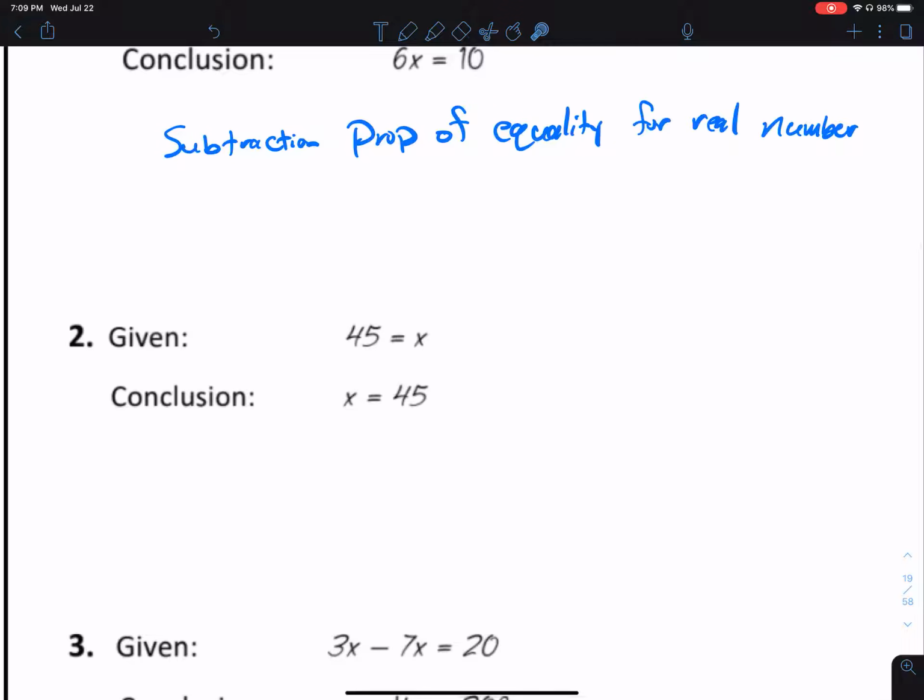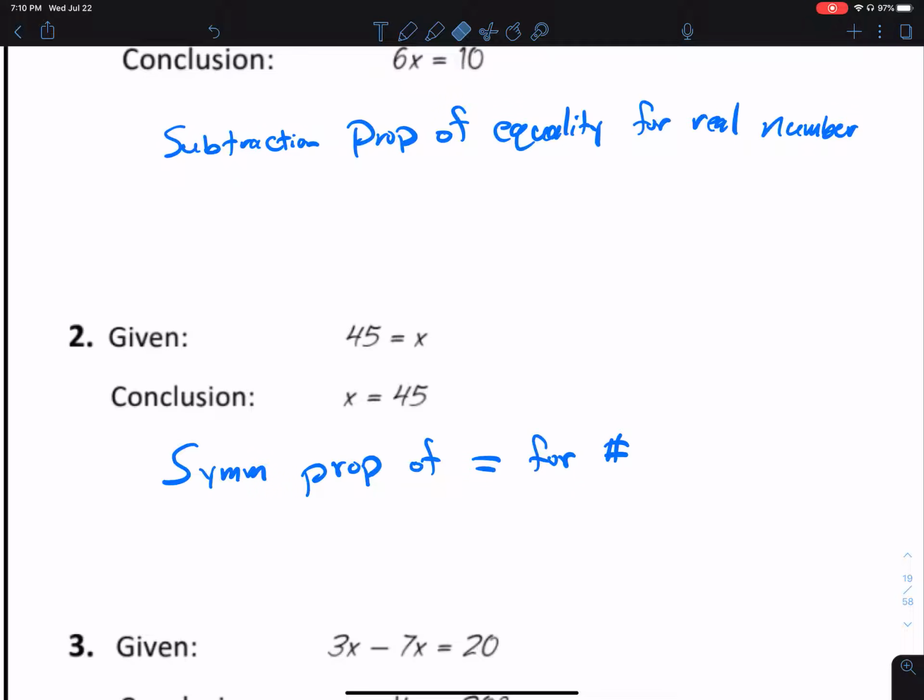Given 45 equals x, our conclusion is x equals 45. But what just happened? The left side of the equation became the right side. The right side of the equation became the left side. That is the symmetric property of equality for real numbers. Here's how we can abbreviate this: symmetric prop of equality for real numbers.